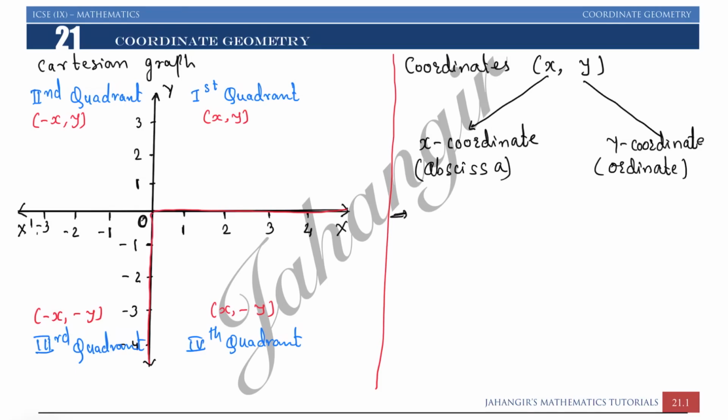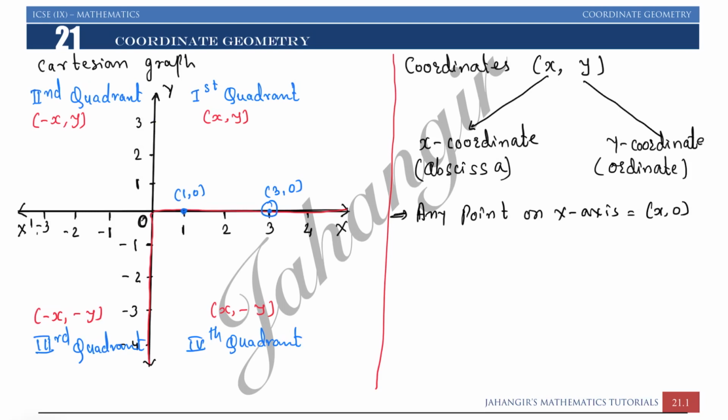Now any point on x-axis, this we had also learned in distance formula. Any point which is on x-axis, its y coordinate will always become 0. If you will just see over here, if I am writing A's coordinate, that is 1 comma 0. If I am writing B's coordinate, it will become 3 comma 0.